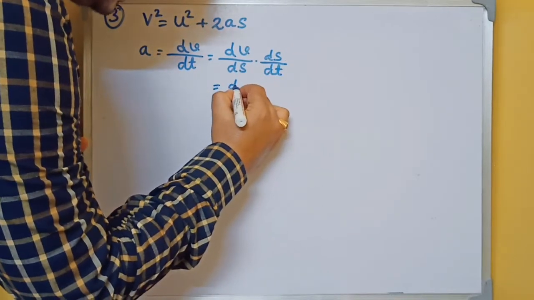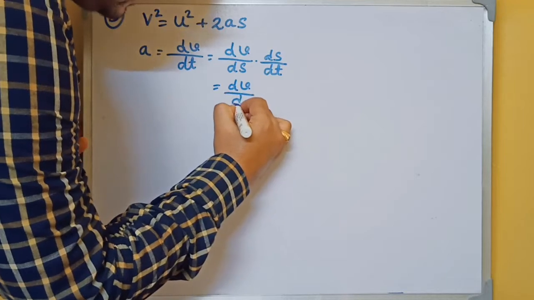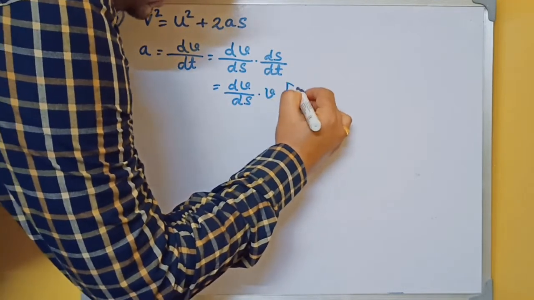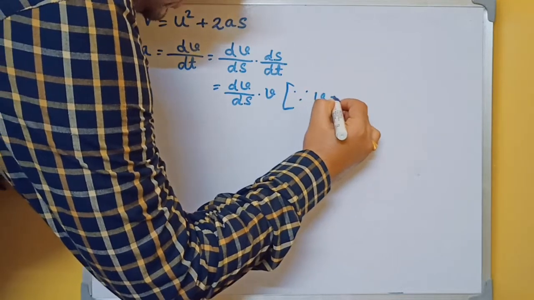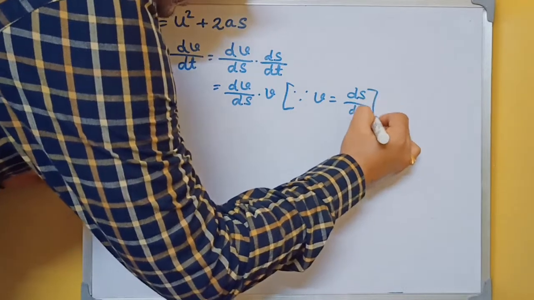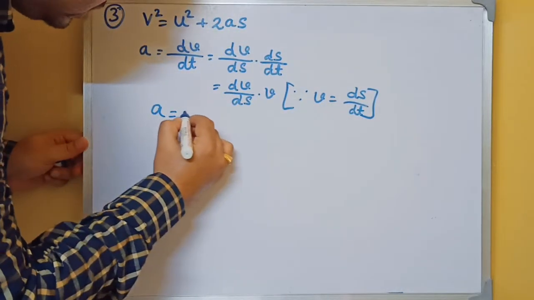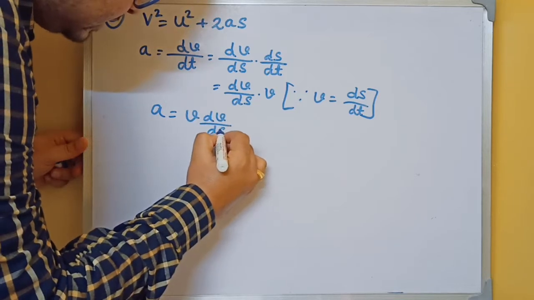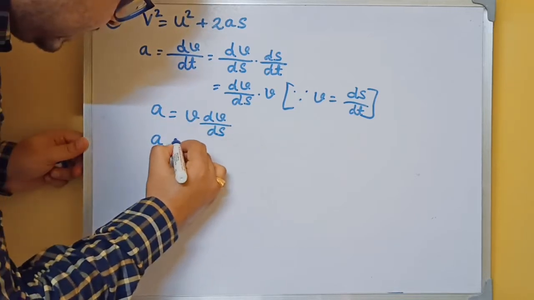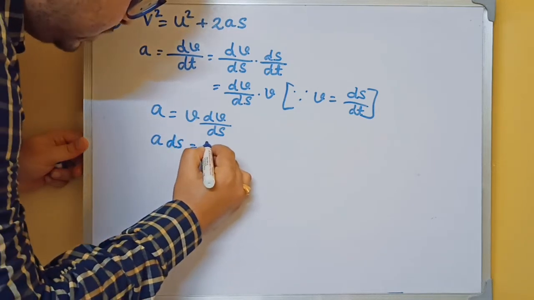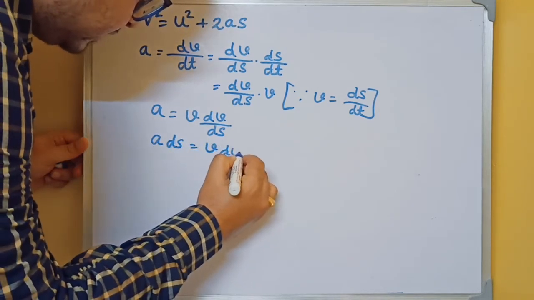So here we can write dv by ds into ds by dt, that is equal to v. We know that v is equal to ds by dt. So what we will get? a is equal to v into dv by ds. Now multiply ds here, a into ds is equal to v into dv.